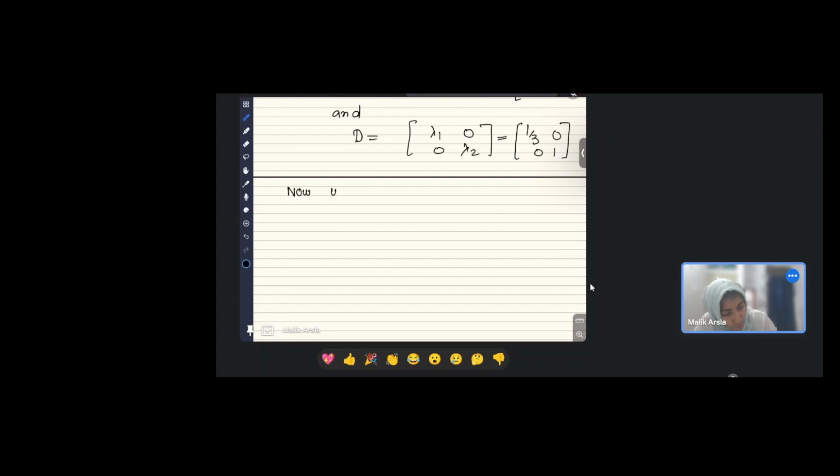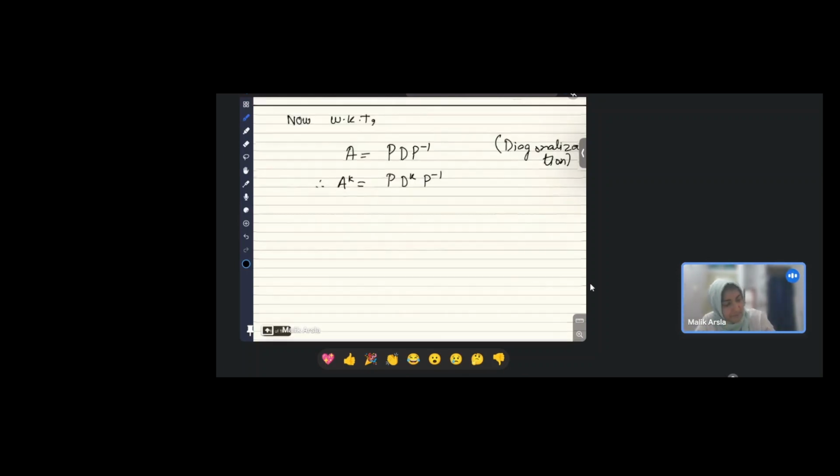Now we know that A is equal to P D P inverse. This we have studied previously, and therefore A to the power k is P D to the power k P inverse. Now A to the power k into x is P D to the power k P inverse into x.